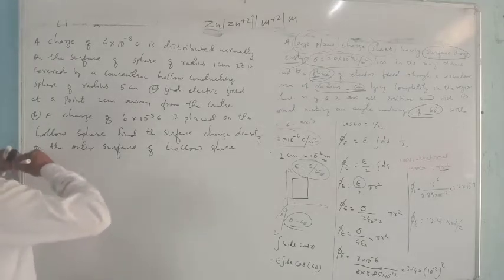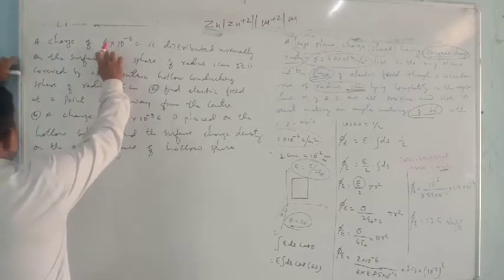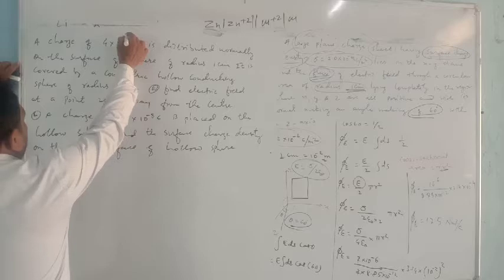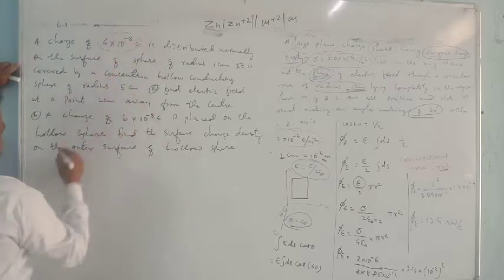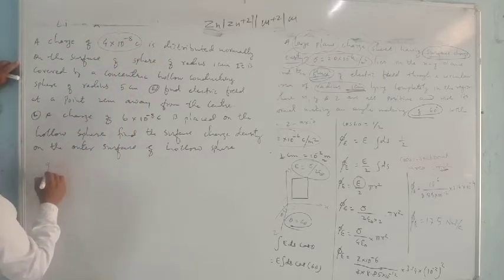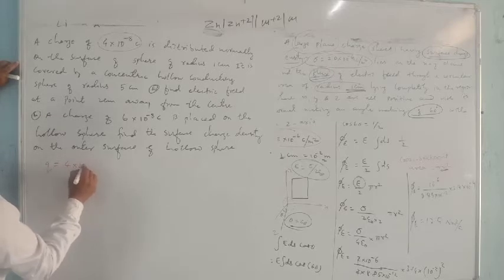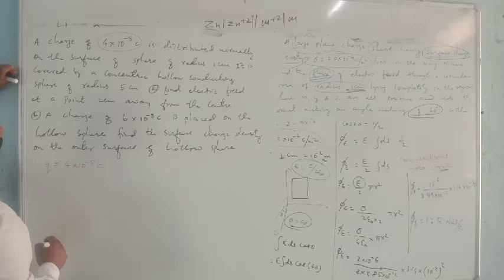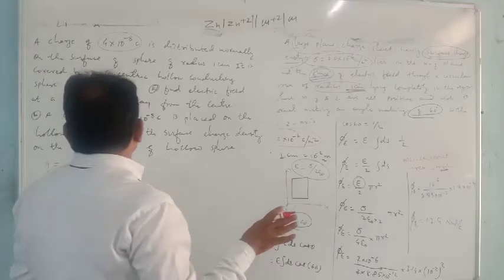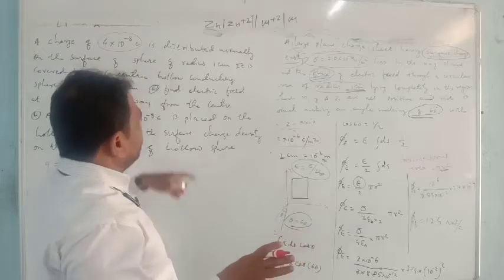A charge of 4 into 10 to the power minus 8 coulomb. So this one is the charge. So we can write here charge Q is given, that is 4 into 10 to the power minus 8 coulomb, is distributed normally on the surface of a sphere.